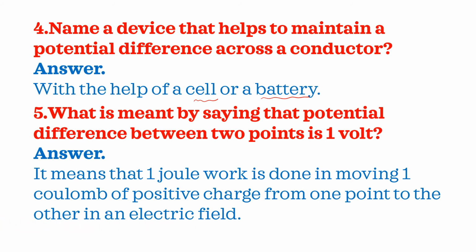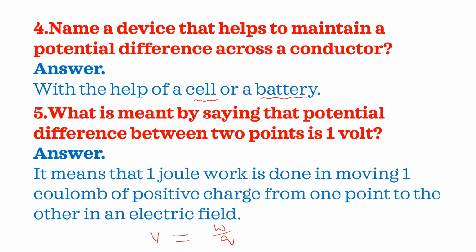Here potential difference is V, or we can write it as voltage. So V is equal to W by Q, where W is the work done and Q is the charge.